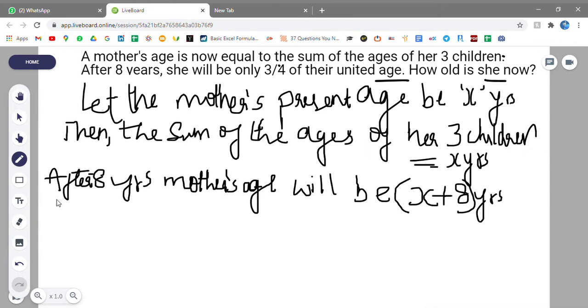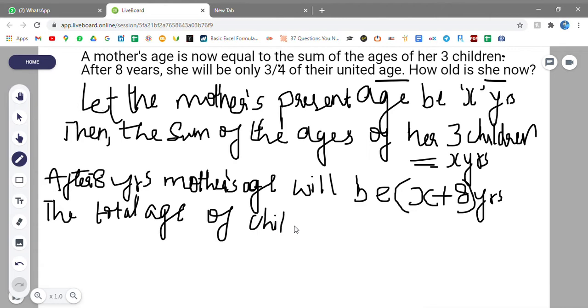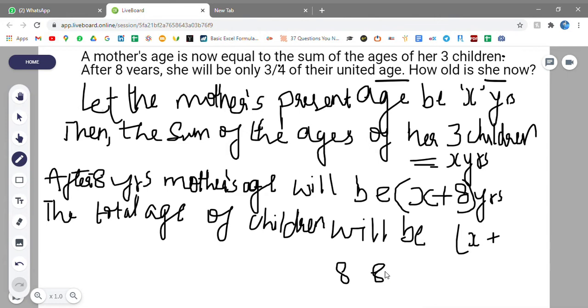Then this was mother's age. Now let us see the children's age. So the total age of children will be x plus, it is not x plus 8, it is 8, 8 and 8 added for 3 children.